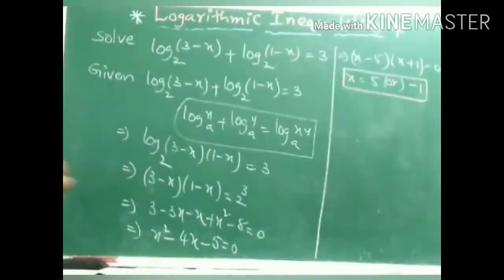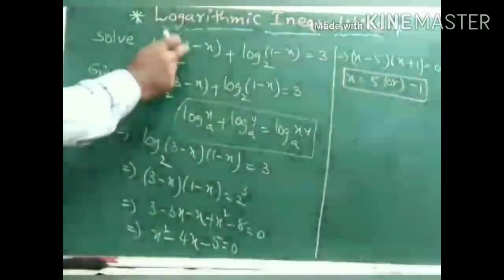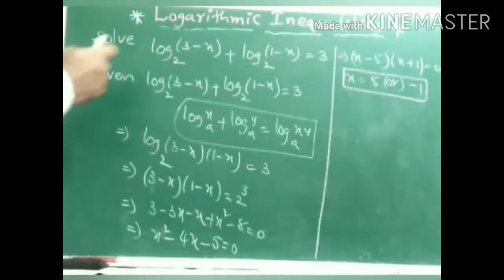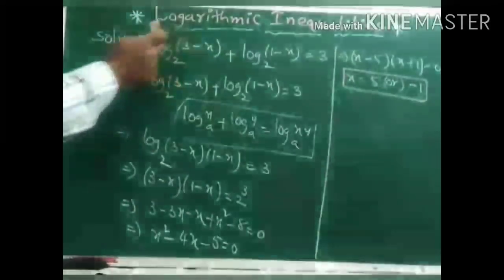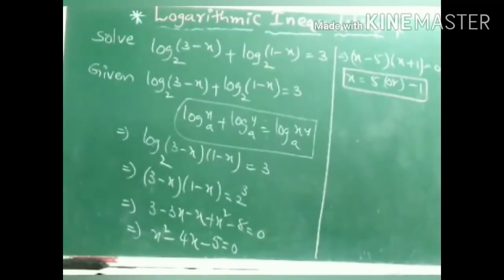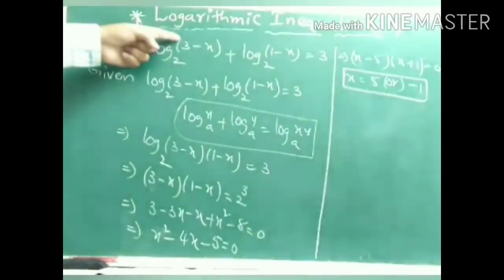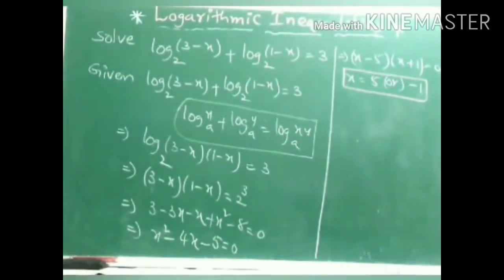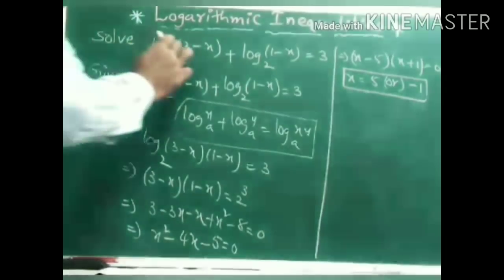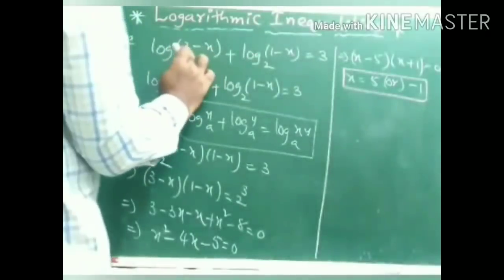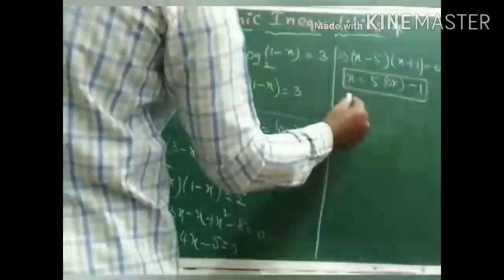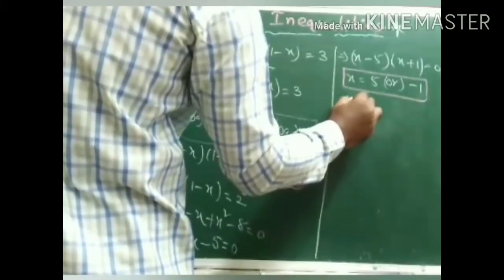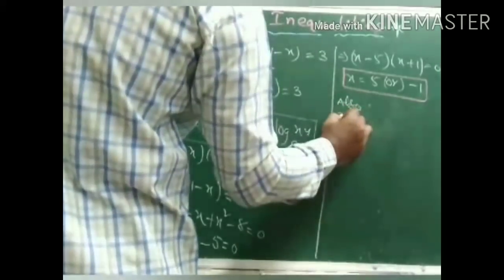Before that, let us look at the basic concept of logarithm, like log a to the base b. The logarithm is defined when both a and b are positive. Moreover, the base should be greater than 0. So here, better to write, we have two more conditions.